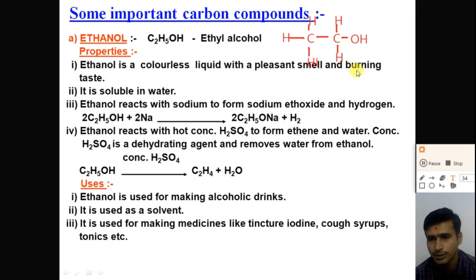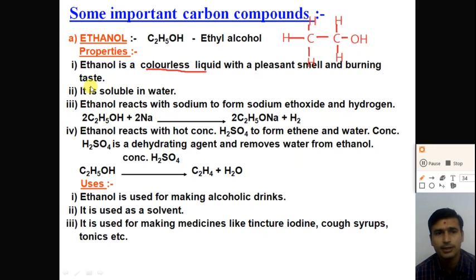First, ethyl alcohol is a colorless liquid with a pleasant smell and burning taste. So ethyl alcohol, or we can say ethanol, is a colorless liquid with a pleasant smell. Some smell occurs when we smell ethyl alcohol. It has a burning taste, right?